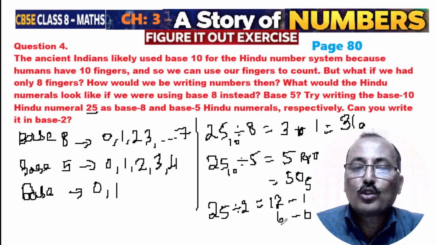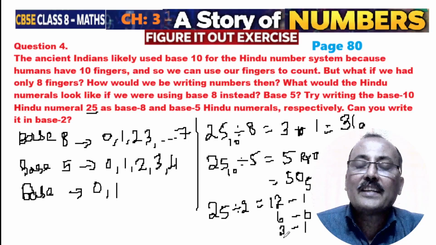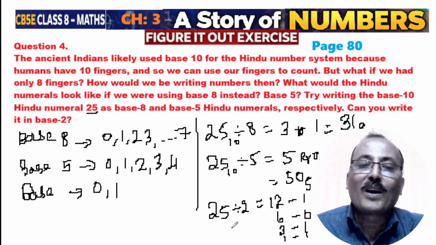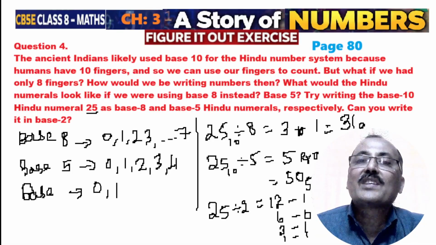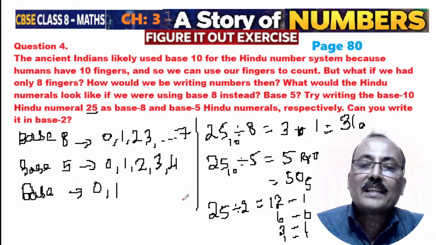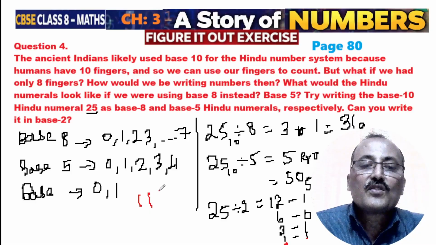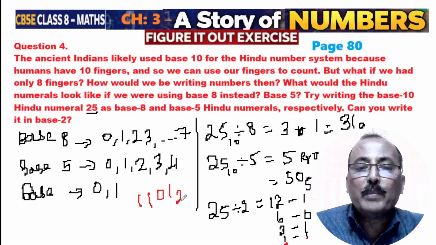Again if I divide by 2, 3 times remainder is 1. Again if I divide by 2, 1 time remainder is 1. So what is here? Remainders are coming, you see. All those remainders you write. First I have to take this one, not this one. 1, 1, 0, 1.